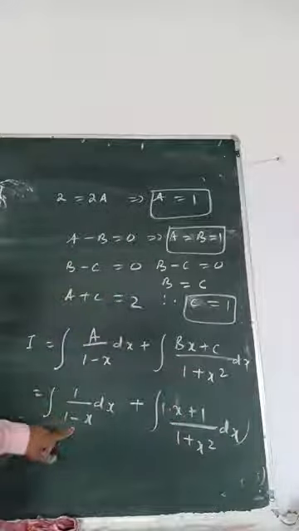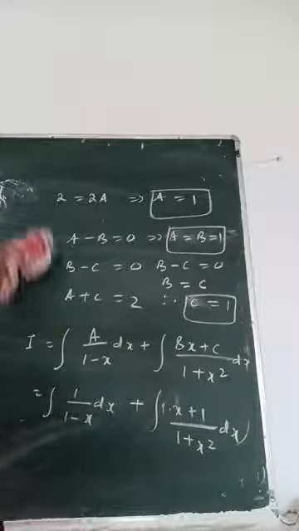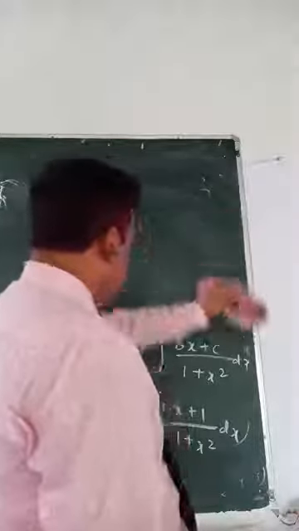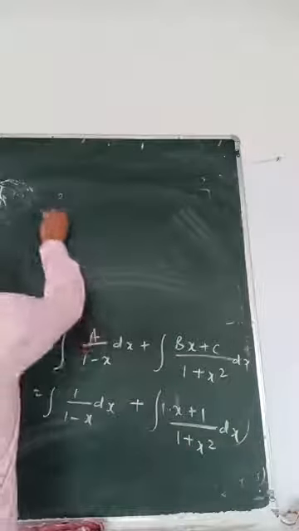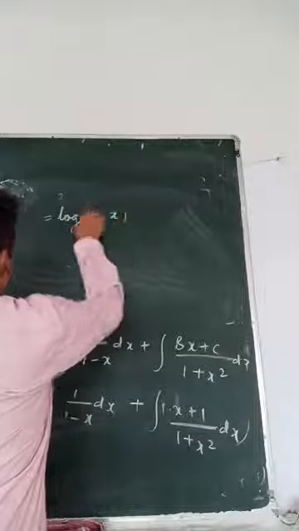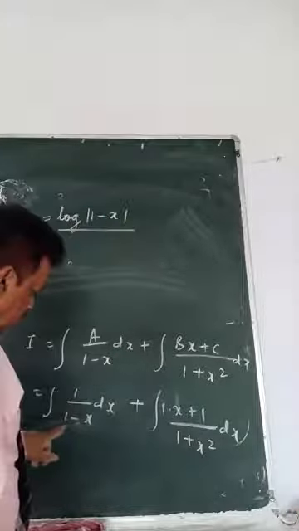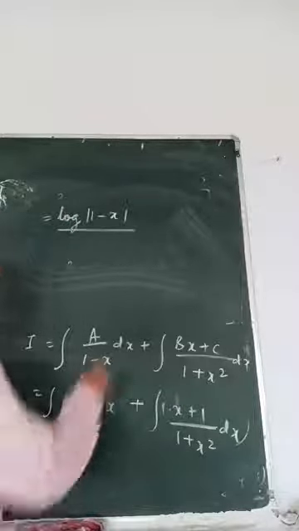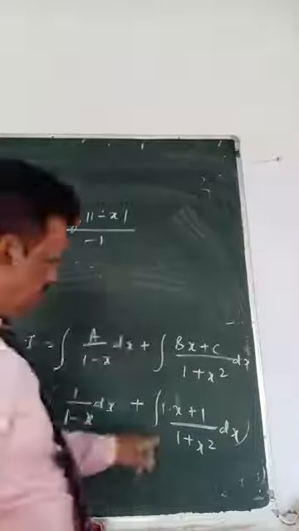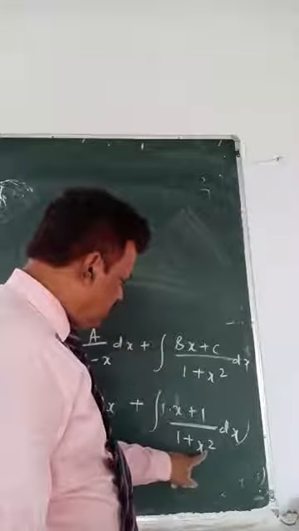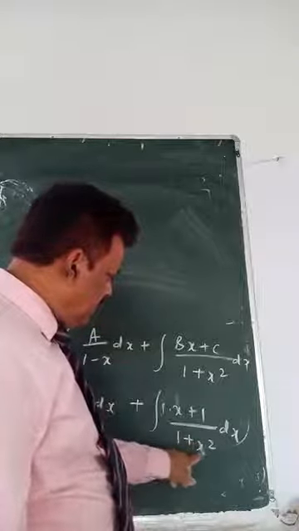Okay, how to integrate this? To integrate this, it is log of 1 minus x divided by minus 1, because for its derivative you have to divide by minus 1. Here how to integrate? Now do a separation. 1 plus x square. What is the derivative of 1 plus x square?